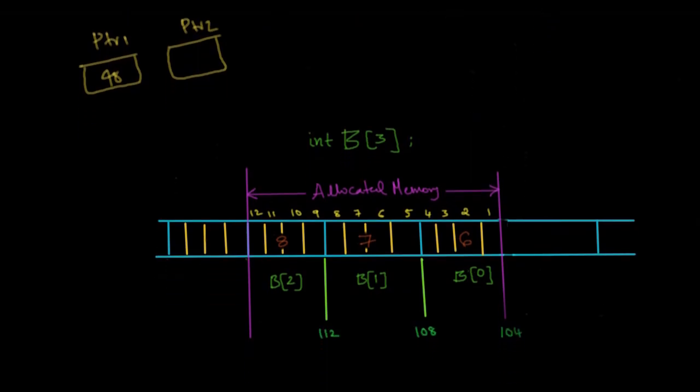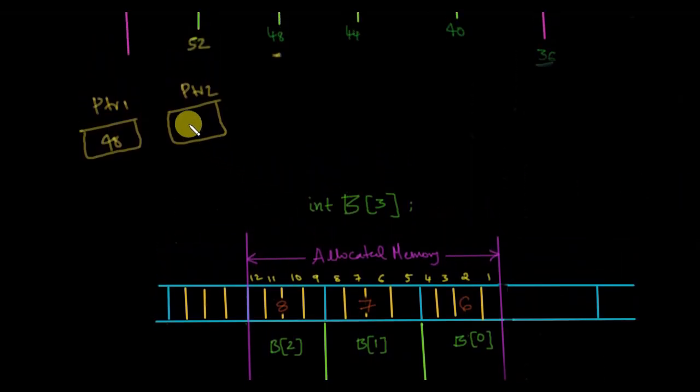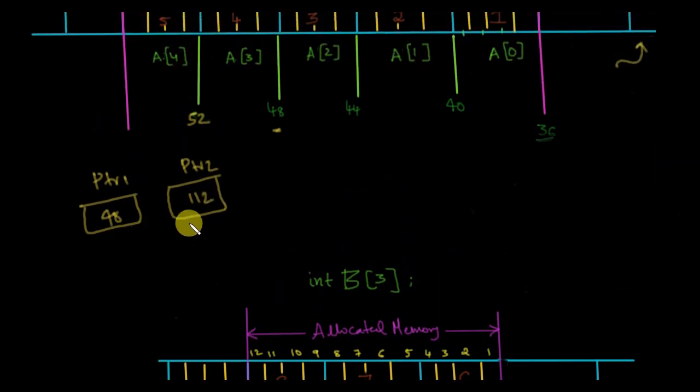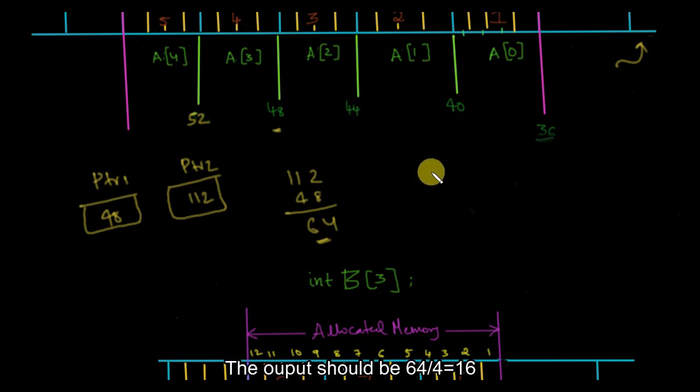If I take b2, I'll get 112, right? If I subtract these, it doesn't make any sense. For example, 112 minus 48, we get 64. It doesn't make any sense, right? Since this is in some other region and that is in some other region, it gives the difference, how much distance apart from each other, right?